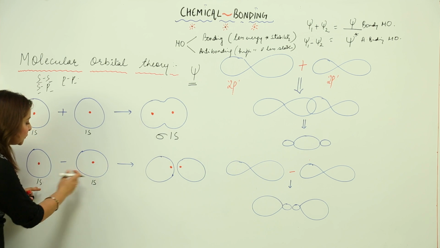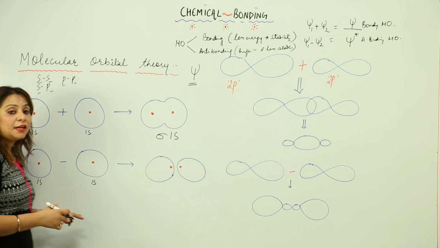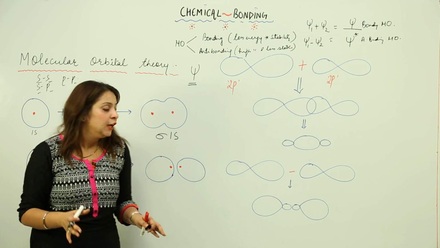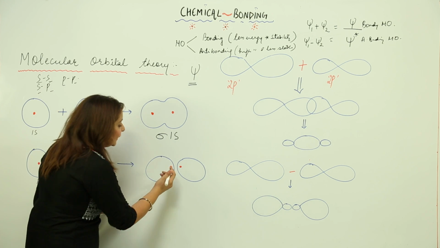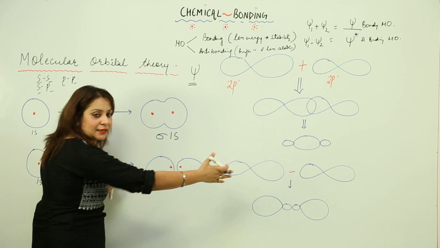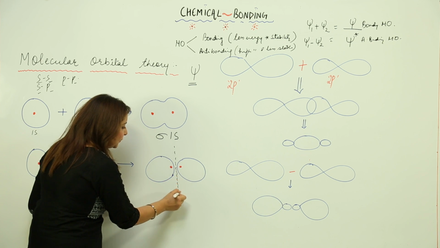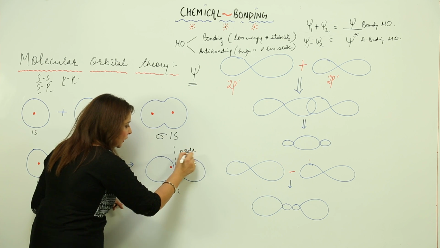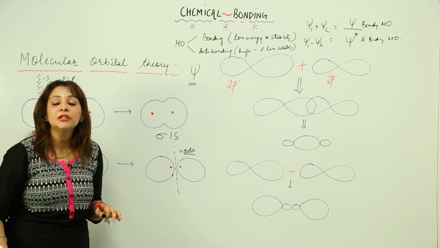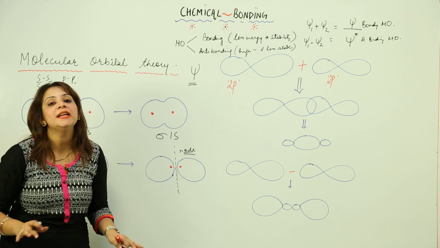But when we subtract them, suppose this is 1s and 1s and I am subtracting their wave functions, that means they will try to repel each other. They will repel in such a form that electrons are pushed towards this side and that electron is pushed towards that side. That means they are maximum distance apart. This region is called a node, where the repulsion is maximum and where the probability of finding the electron is absolutely 0.